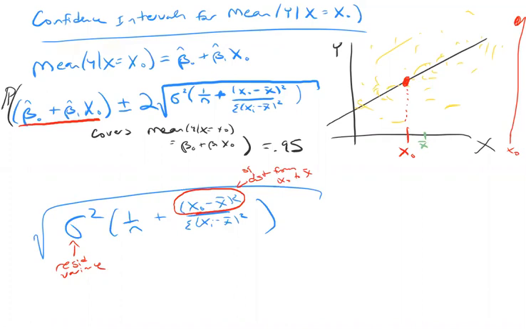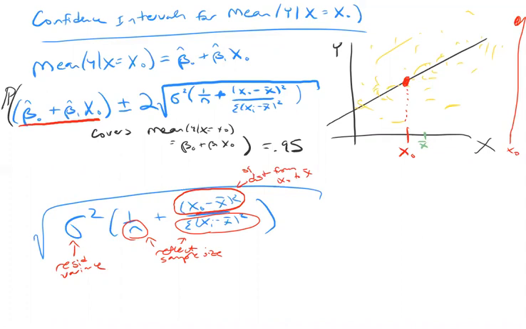Then the other piece to look at is this thing and this thing. Now, both of these reflect the sample size, right? Note that they're both in the denominator. So if the sample size is very, very large, then both of the quantities in these denominators are very large, which in general makes the width of this interval, the confidence interval, less, right?